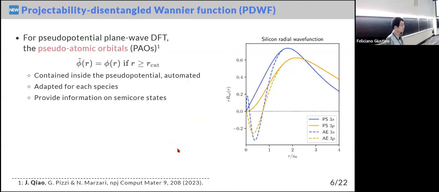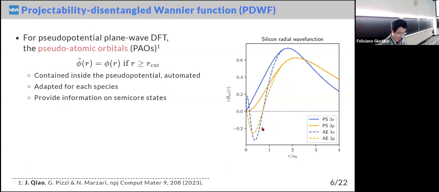So recently we introduced the projectability disentangled Wannier function. The name is a little bit long, but the idea is quite simple. If we do a pseudopotential plane wave calculation like Quantum ESPRESSO, there's actually a natural set of localized orbitals when we are generating the pseudopotential. For instance, if we want to generate a pseudopotential for silicon, we first solve the isolated silicon atom one-dimensional Schrödinger equation, and then we get the all-electron wave function, here the dashed line.